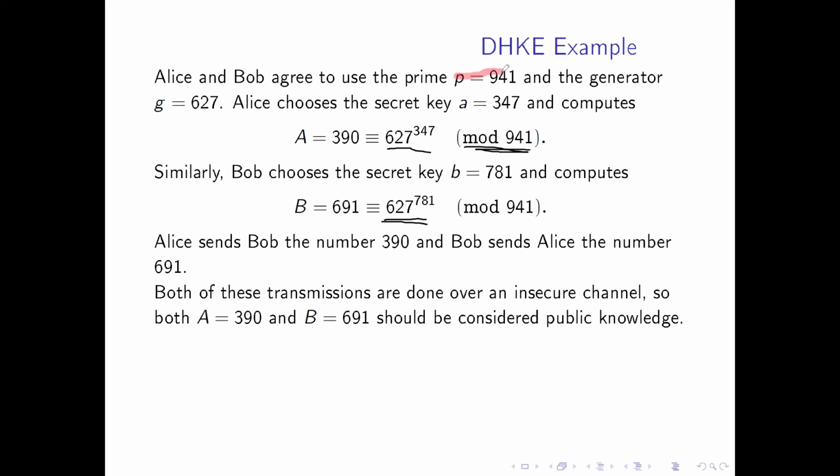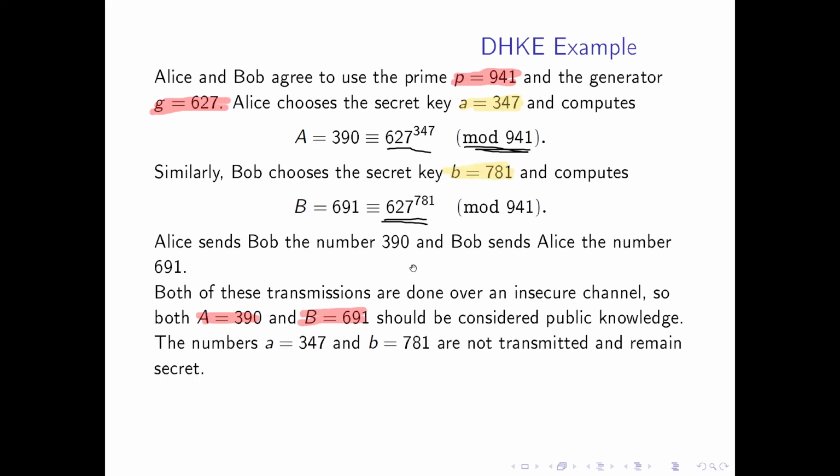I have shared my prime number, that is in public. G, that's in public. Big A and big B are in public. On the other hand, let me go yellow. Little a of 347 and little b of 781, both of those are kept private. That's the critical concept here.